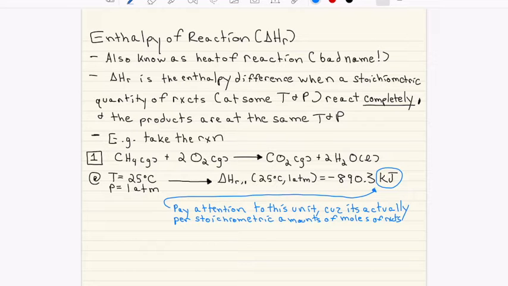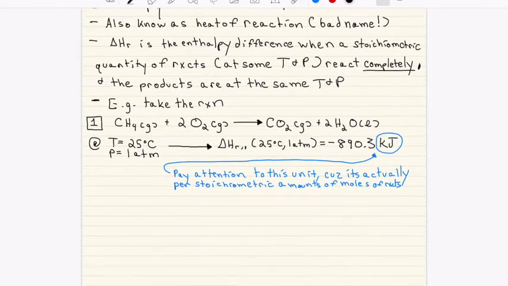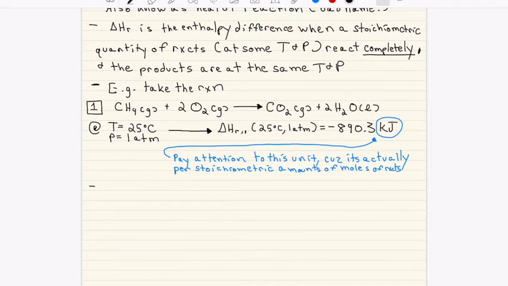Okay? And so I really want to emphasize this, so I'm actually going to write it out one more time. Anytime you see delta H of R reported in the book, or anytime that you calculate it, it's going to be based on stoichiometric quantities that react.